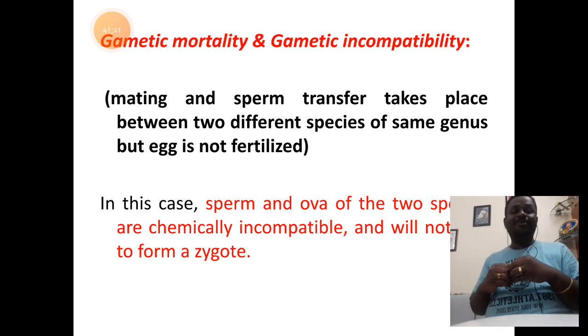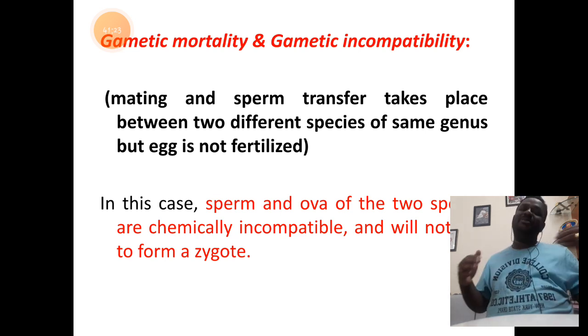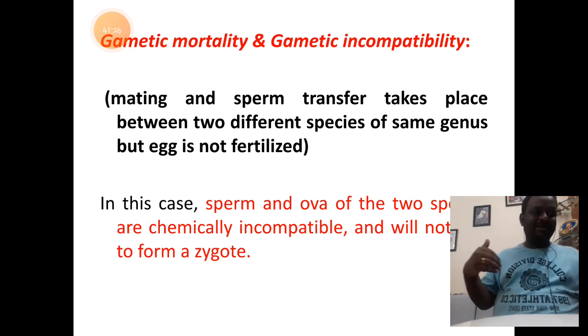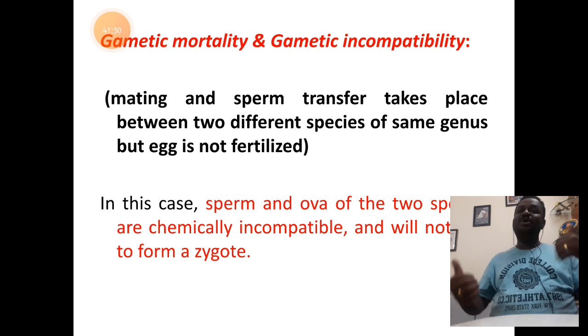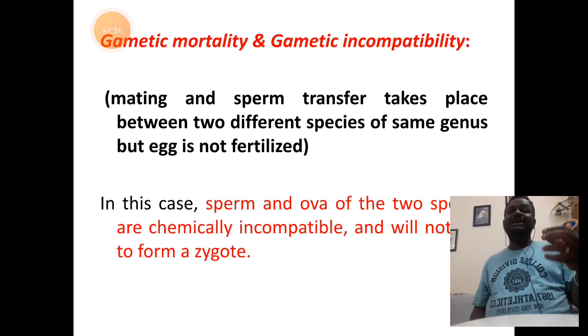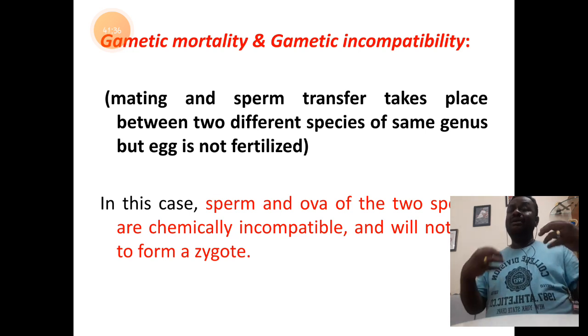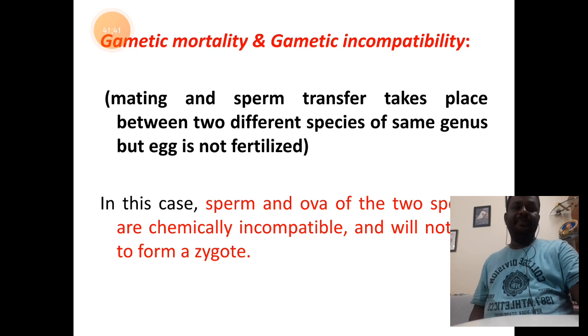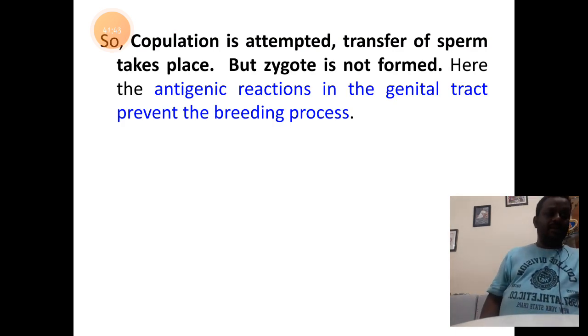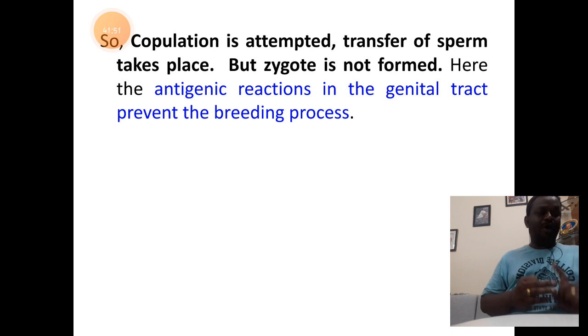But this does not take place because of the incompatibility between the chemicals present during fertilization between sperm and ova, so the egg is not fertilized. So, the gametes of both male and female will go waste here. Students, remember, here copulation takes place, transfer of sperm also takes place, but zygote is not formed.